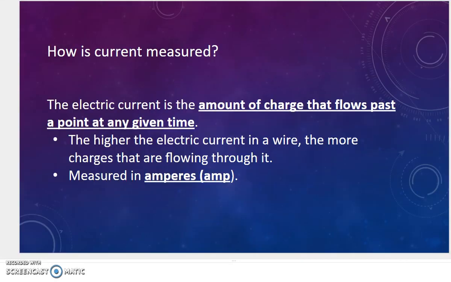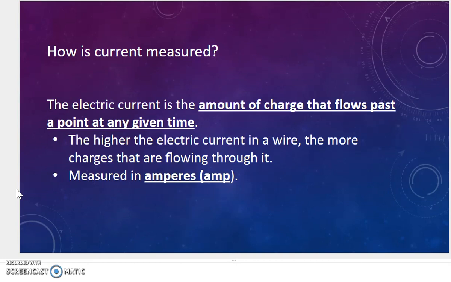All right, so moving on in the presentation, how is a current measured? It's important to know that electric current is defined as the amount of charge that flows past a point at any given time. Therefore, the higher the electric current, the more charges are flowing through the wire.